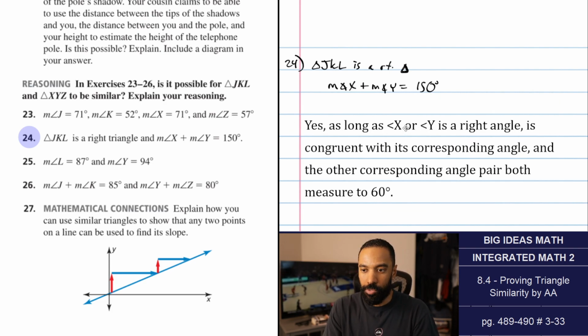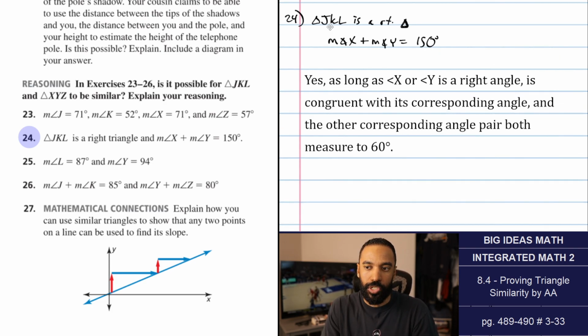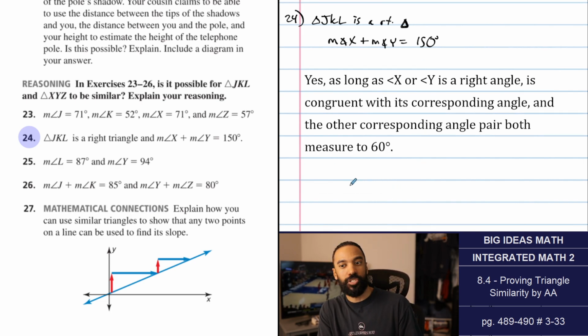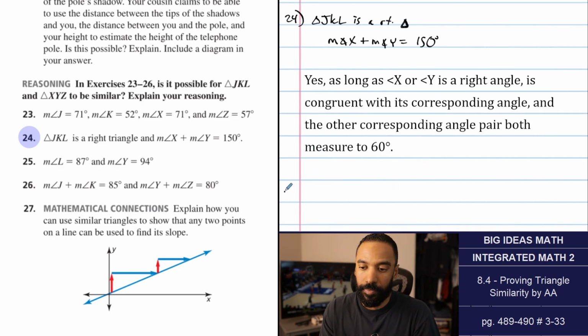So as long as those two are good, then we're good. So if X was 90 degrees, then so would J. J would have to be. And then K would have to be 60 degrees as Y is. That would work out. Otherwise, yeah. But they're just saying, is it possible? Yes. Is it absolute? No. There are a lot of ways that that could not be the case.